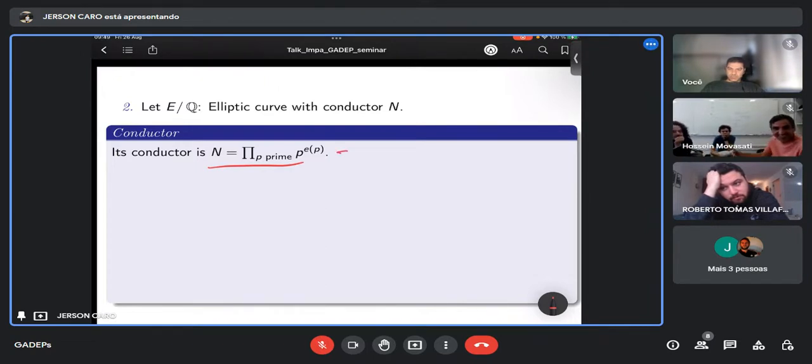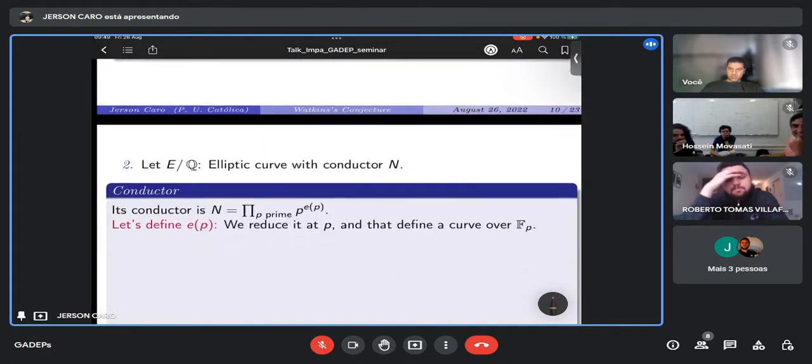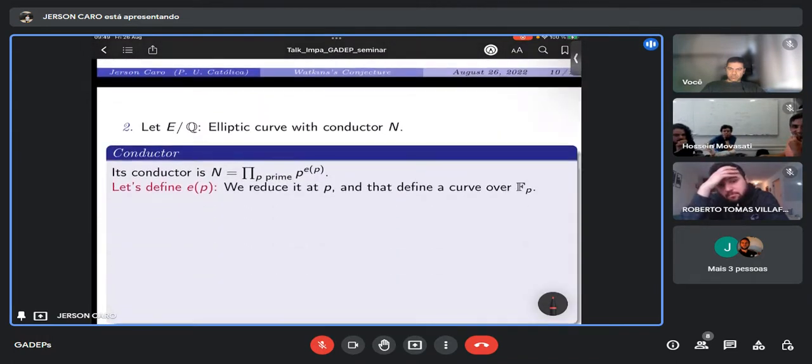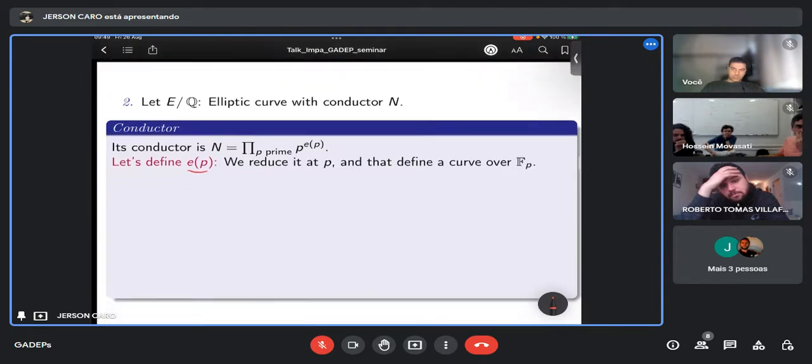It's a positive integer, well defined, for a reason I will say later. But let me define what is this power, e_p. We have to do some technical algorithm to get a minimal equation for E, but I think that it's not important for this talk.